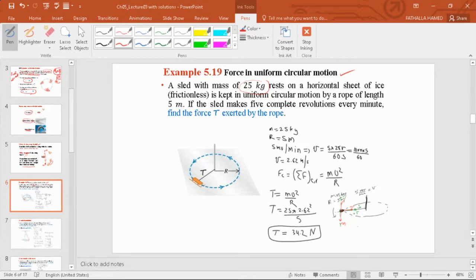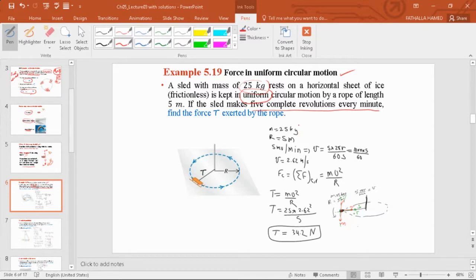It is kept in uniform circular motion, and uniform means constant speed, by a rope of length 5 meters. The sled moves 5 complete revolutions every minute.